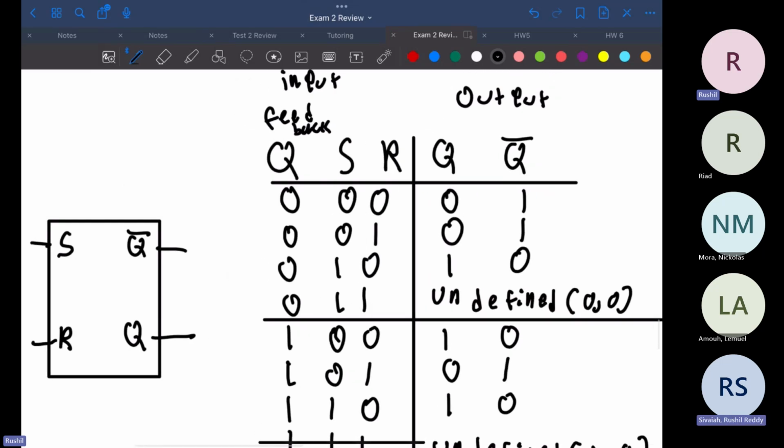If we look at the first one, since set and reset are both 0, they're not contributing anything, so we just do whatever Q is. On the second one, we have 0, 0, 1, which means reset is enabled, which means it has the highest priority, so we output Q as a 0. Similarly for the next one, set has priority because set is now 1, so Q is going to be a 1.